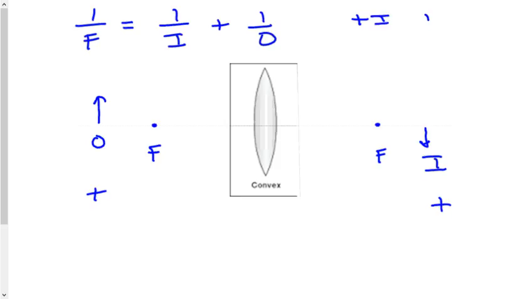And this is going to be for a real, inverted image. When we put our object inside the focal point, you're going to get a negative image distance, and you're going to get a virtual, upright image.